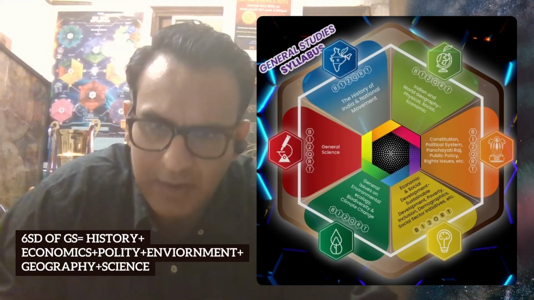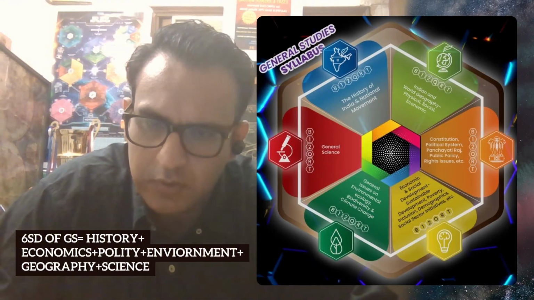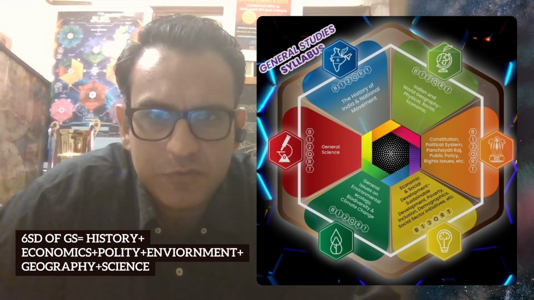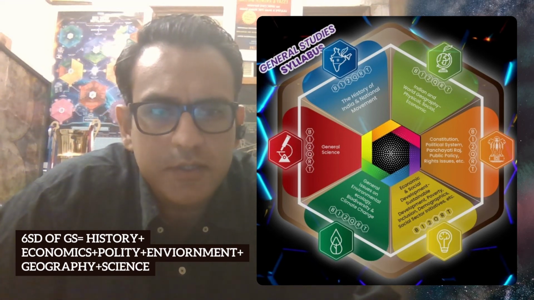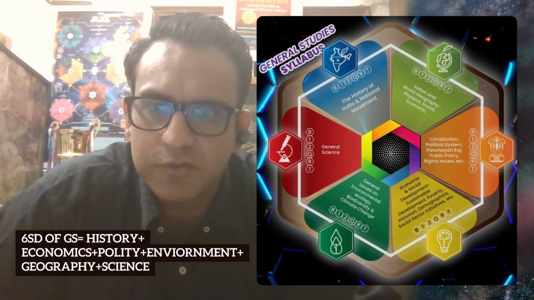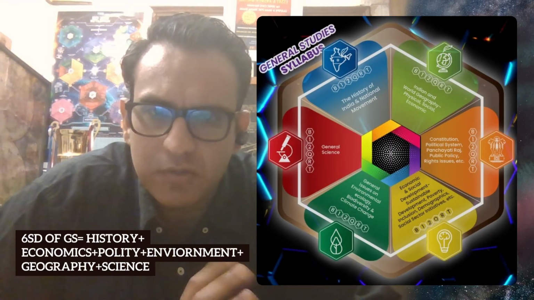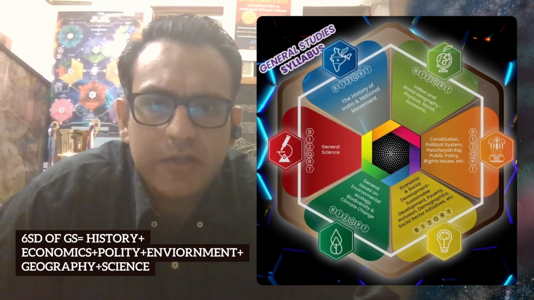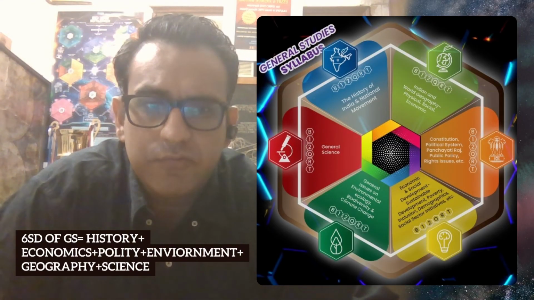But we essentially divide the whole syllabus into these 6 broad subject domains. And the diagram here, which you see, the hexagon, is the syllabus for general studies as it is depicted in the ultimate UPSC navigator, which I will tell you about later. But there is a very good reason behind this, and there is also a very good reason why they are colored differently.